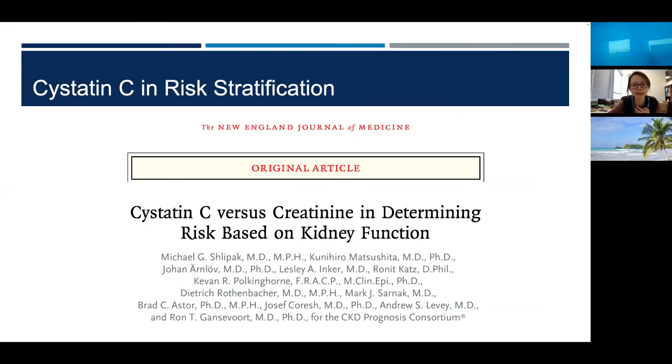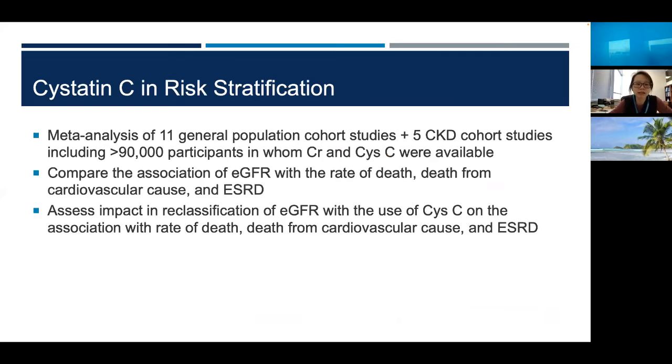They look at cystatin versus creatinine in determining risk based on kidney function in both the general population and those with chronic kidney disease. So it's a meta-analysis of 11 general population cohort studies and 5 CKD cohort studies, with more than 90,000 participants in whom creatinine and cystatin were available.